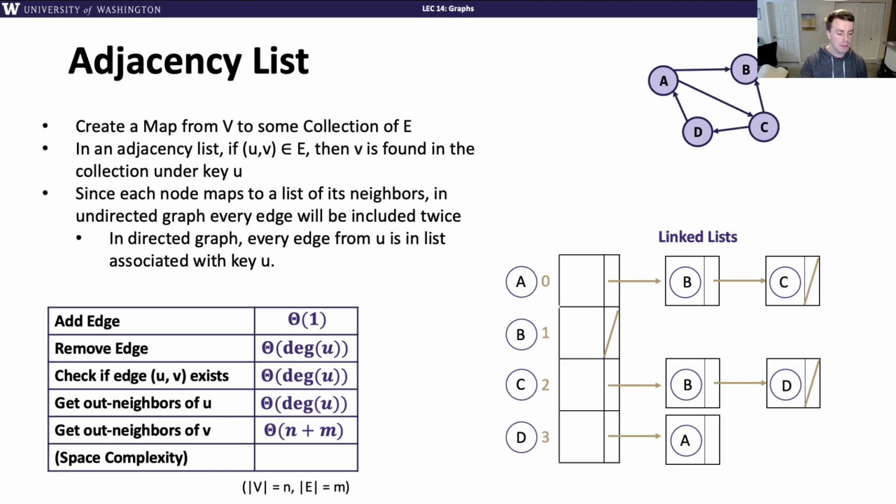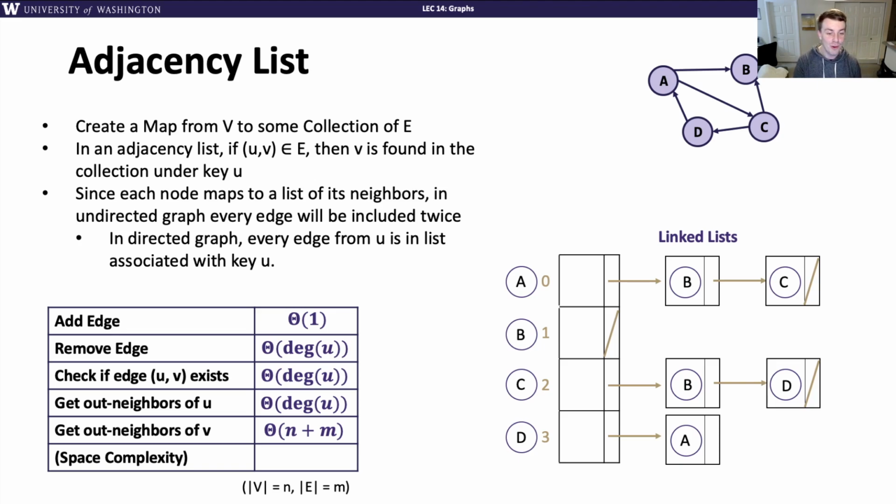Now, before I explain what that runtime means, let's talk about how we would implement in neighbors. Well, if I want to find the in neighbors of A, all of the nodes that point to A, I can't just look at A's bucket because that just tells me all the nodes that A points to.